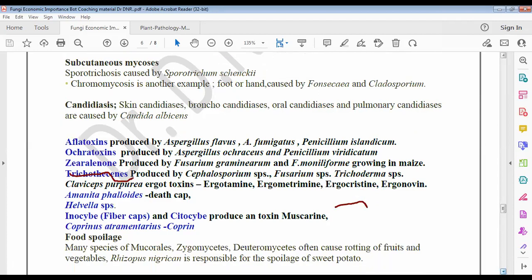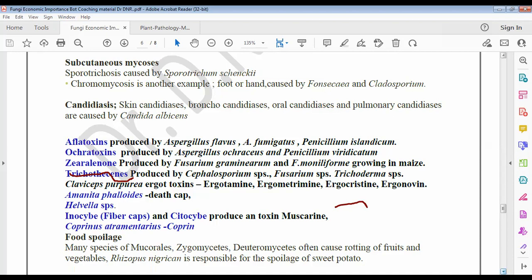And you know one more, aflatoxins, released from Aspergillus species, Aspergillus flavus, Aspergillus fumigatus, and Penicillium islandicum. If this attacks the seeds, the total seeds will be spoiled and damaged. Instead of protein, these toxins accumulate in the seeds.